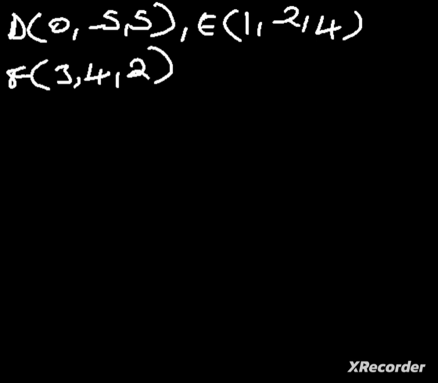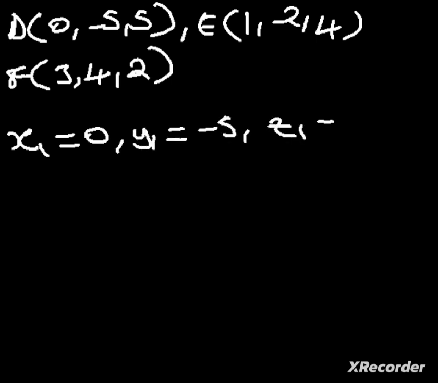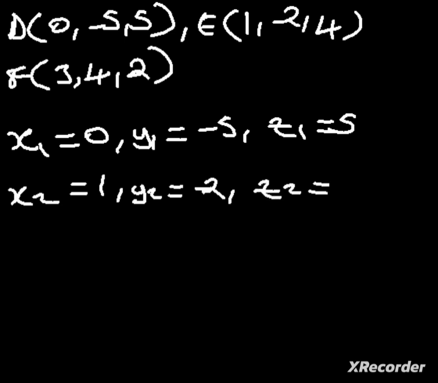In this case, x1 is 0, y1 is -5, and z1 is 5, and we have x2 as 1, y2 as -2, and z2 as 4.